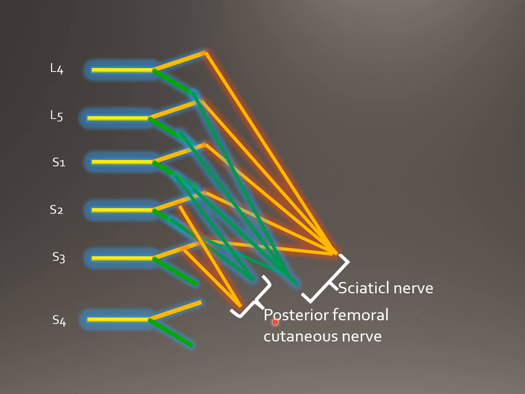This nerve is going to supply the skin of the back of the thigh, back of the gluteal region, and the back of the leg up to the middle part of the leg is supplied by the posterior femoral cutaneous nerve. So these are the branches which have both the dorsal and ventral branch of ventral rami.